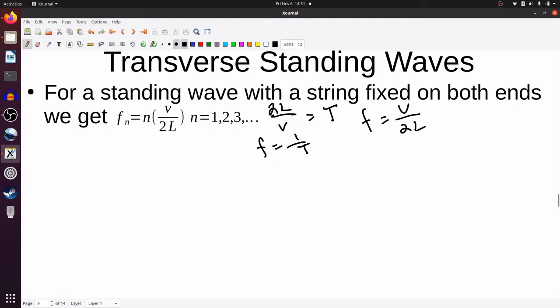And so for the first harmonic, F1, we get 1 times v over 2L, or the frequency is simply equal to the velocity divided by 2 times the length. So this is your F_n. Your n is the harmonic.